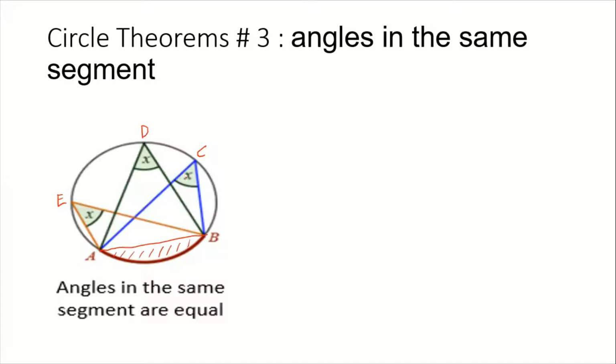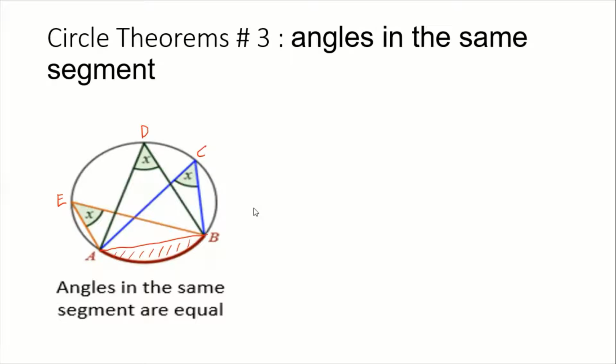If you know the value of this angle, then it is going to equal the angle at D, because those lines are projecting from the same endpoints of the segment. And the angle at E will have the same measure as D and C, because these lines are projecting from the same endpoints of this segment. So when you have this situation, the angles are equal.